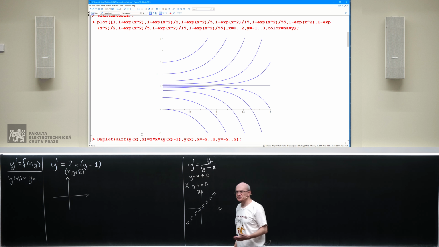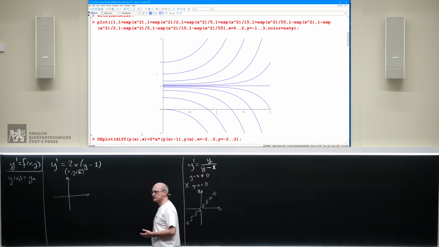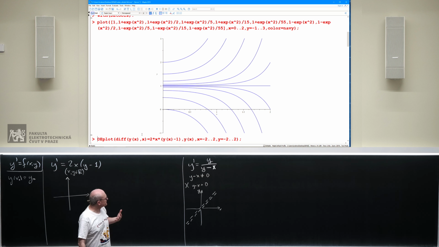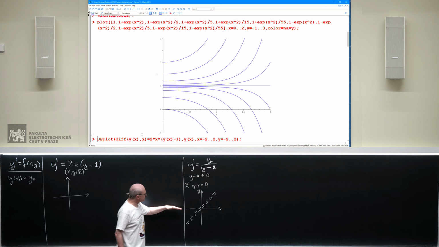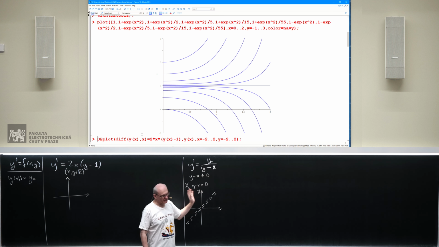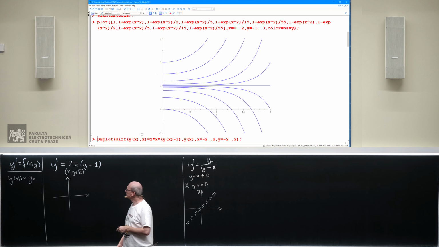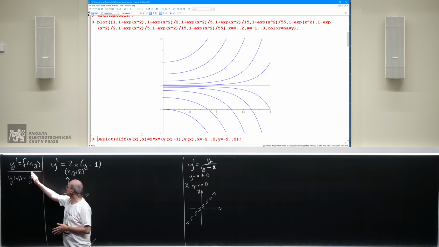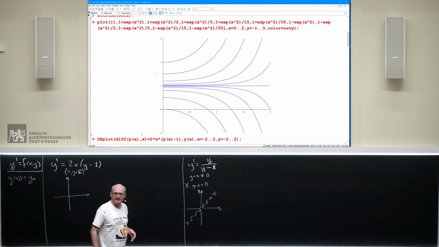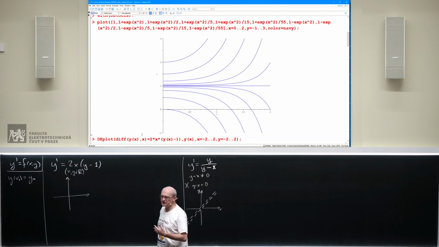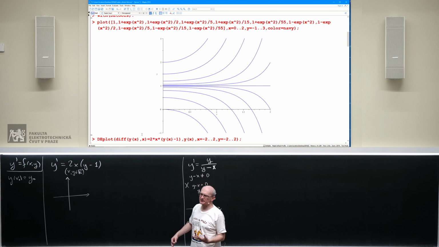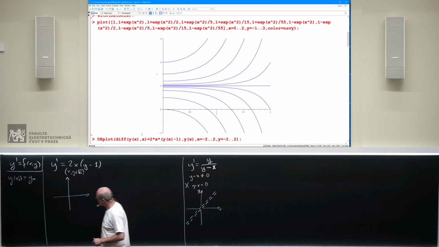So this is already some sort of information. However, we want more. We want to know something about the way the solutions go as the time grows. We want to know how they pass from left to right. So we go back to our differential equation, to the general case, and when we look at it, we actually can see two different points of view connected in one picture. So here we go.